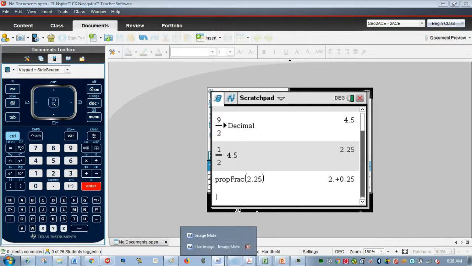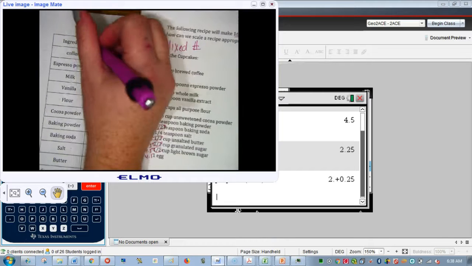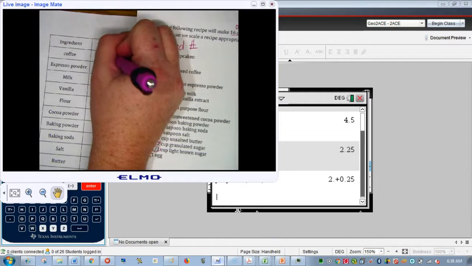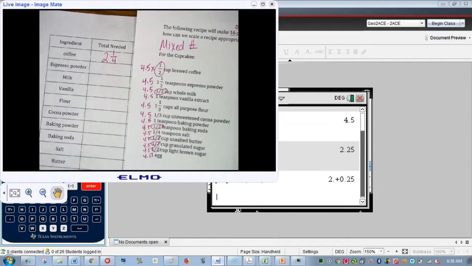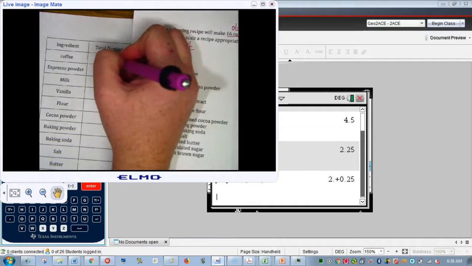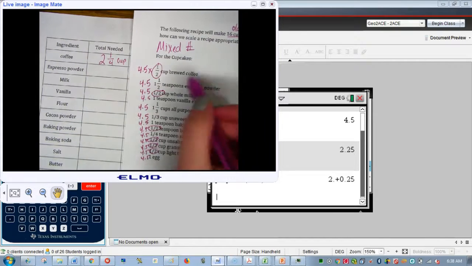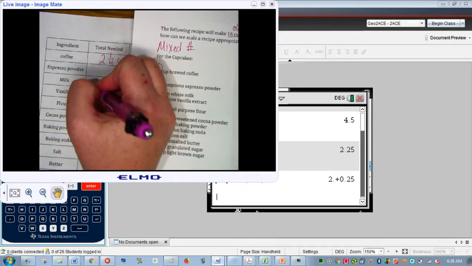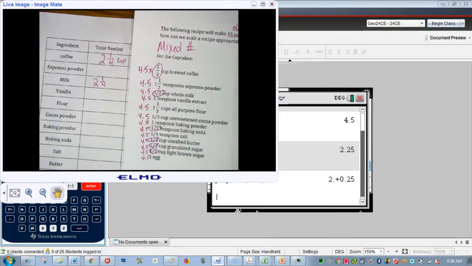So when I write what I need for my coffee, I'm actually writing 2 1/4. All right, now that's for everything that has a half. So this was actually 2 1/4 cups. My whole milk was 2 1/4 cups.